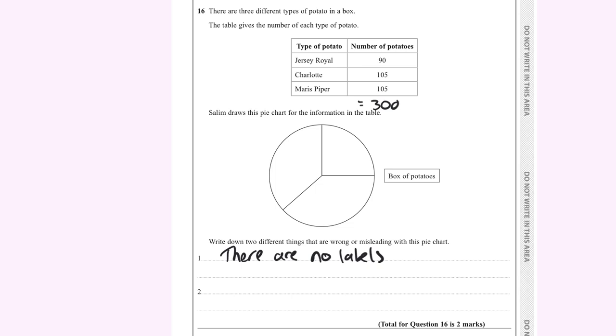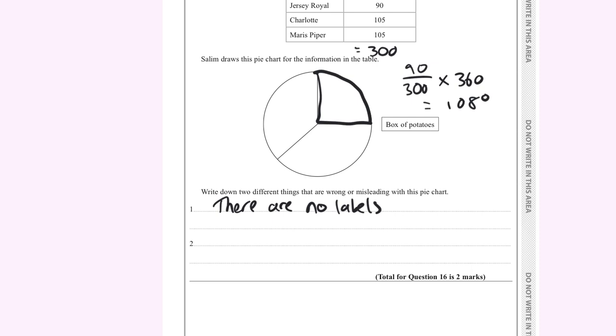To calculate that angle, you do 90 over 300 times by 360, because it's a fraction really. Let's see what that brings out. That gives 108 degrees. So this one here is incorrect. That should be 108 degrees.